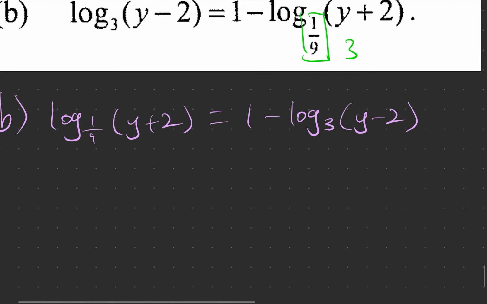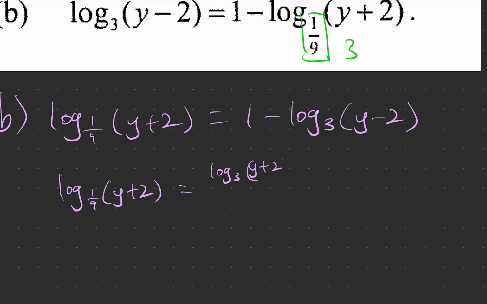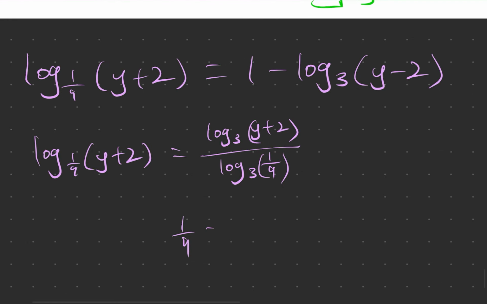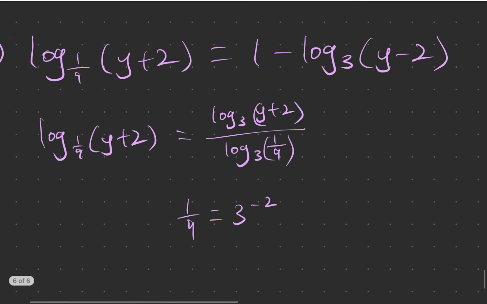So log base 1 over 9 of y plus 2 equals log base 3 of y plus 2 over log base 3 of 1 over 9, and 1 over 9 can be written as 3 to the power negative 2.